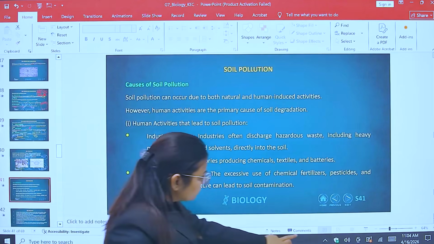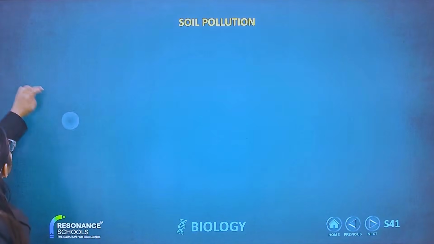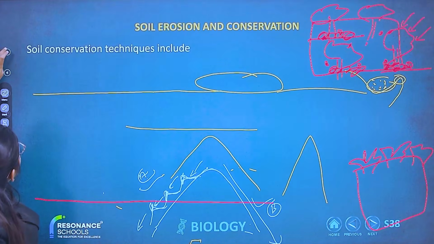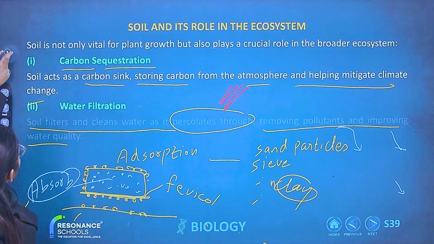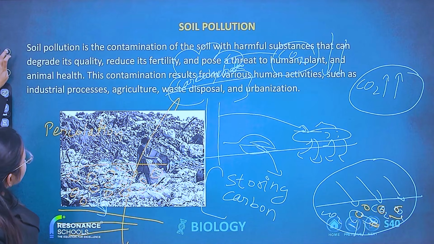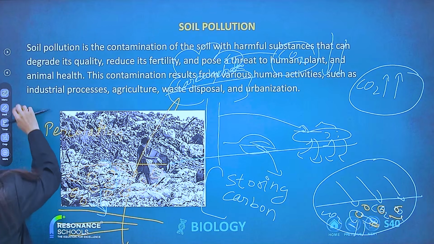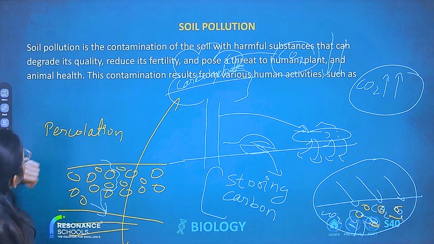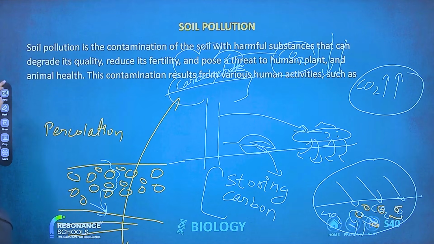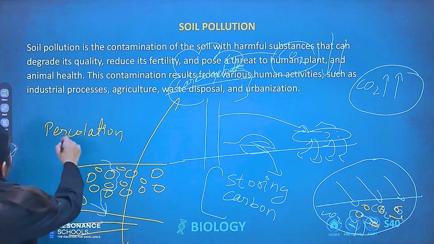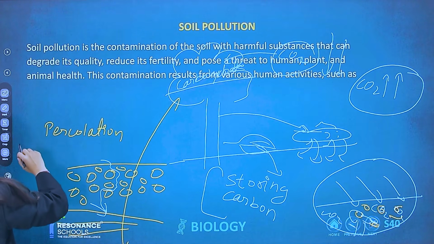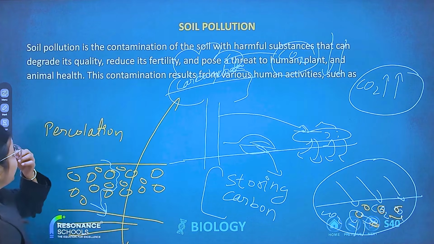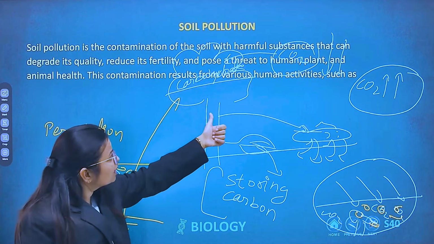Now comes soil pollution. Soil pollution is the contamination of the soil with harmful substances that can degrade its quality, reduce its fertility, and pose a threat to human, plant, and animal health.